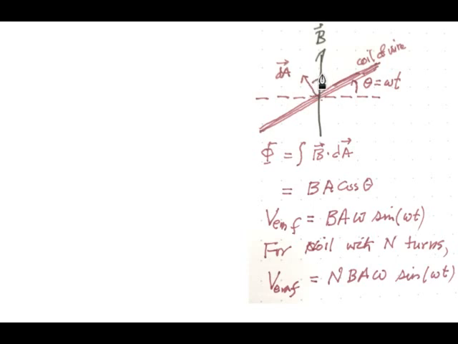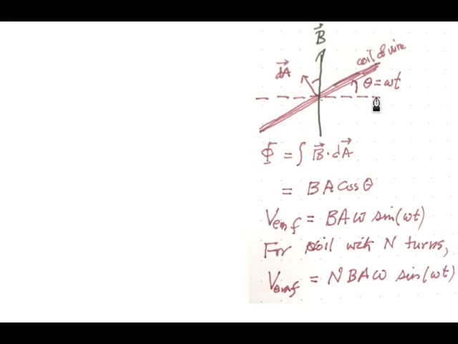This angle is also omega t. So the flux will be the integral B dot dA. It'll just be B times the area times cosine theta. As long as B is constant at all points, always pointing in the upward direction with the same magnitude, when I integrate the area, I'll just get the total area times the cosine of omega t.